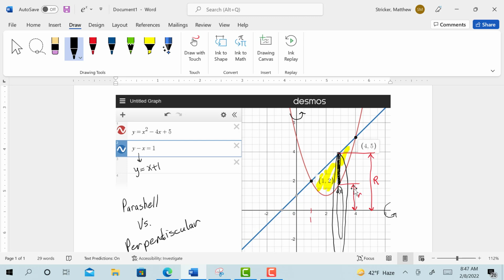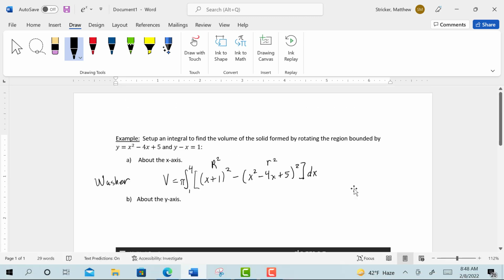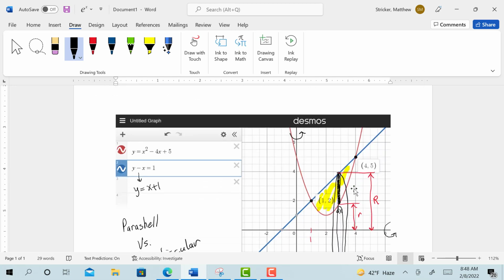So we are going to have a shell method now, because it's parashell. I'm going to draw the shell that would be formed here. It looks something like that.